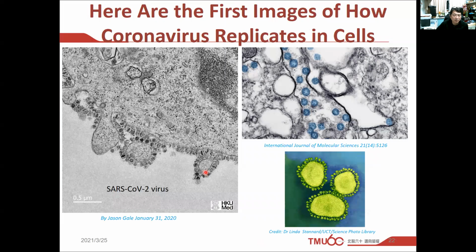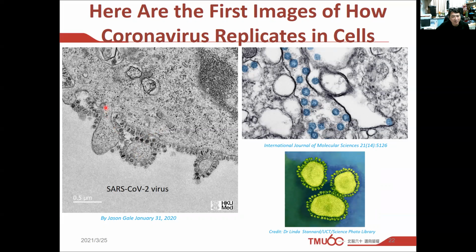Later on, the scientists grew those viruses in host cells in vitro, observing their budding and their life cycles. Okay, that's the first image showing how coronavirus replicates in cells. Here are the lab steps. The virus gets out from the cells by budding.